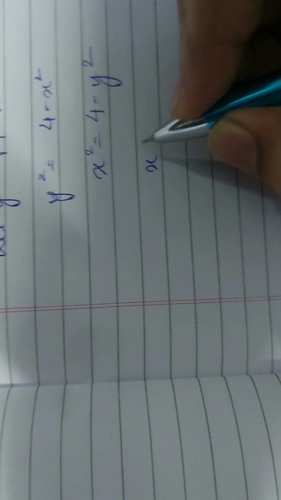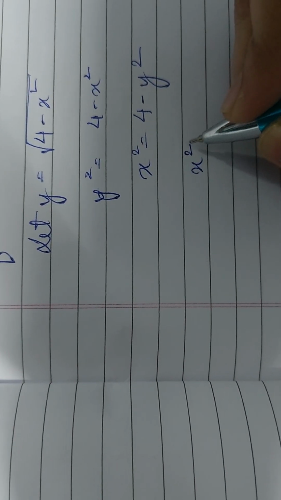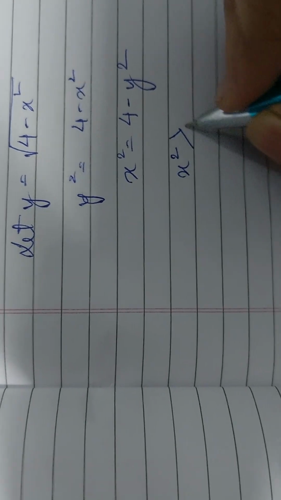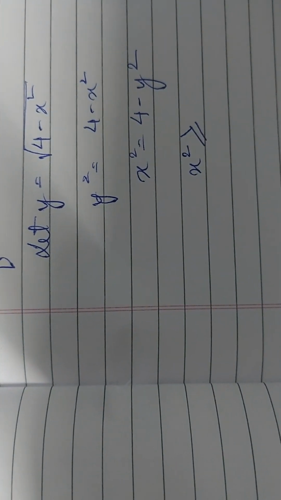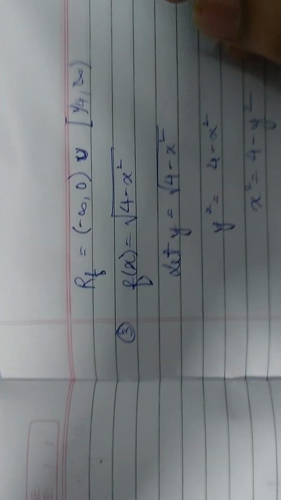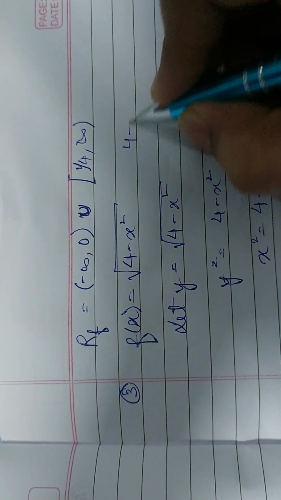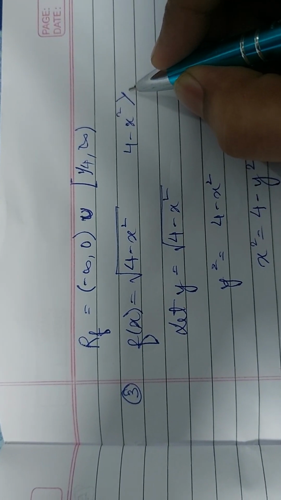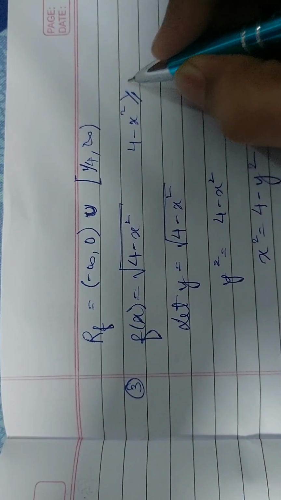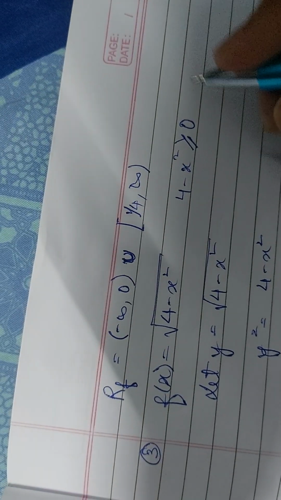Sorry, my bad. Here we must see that this is a real function, so 4 minus x square is greater than or equal to 0.